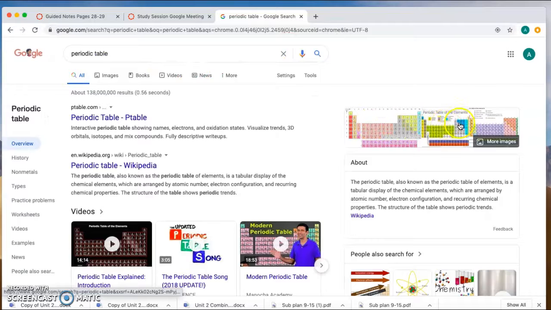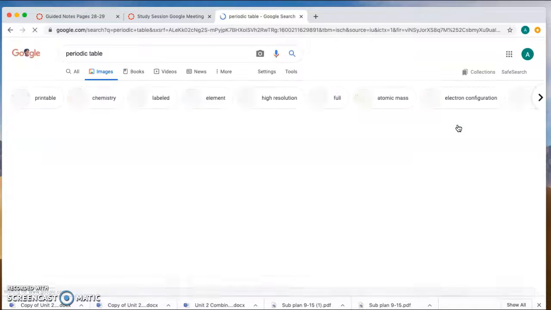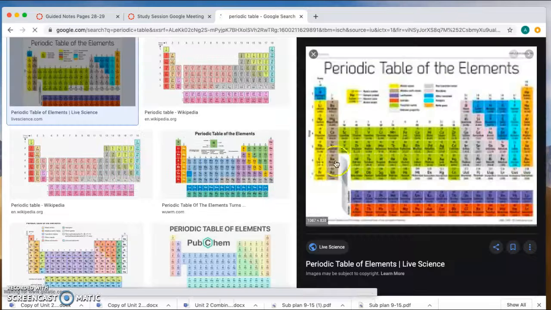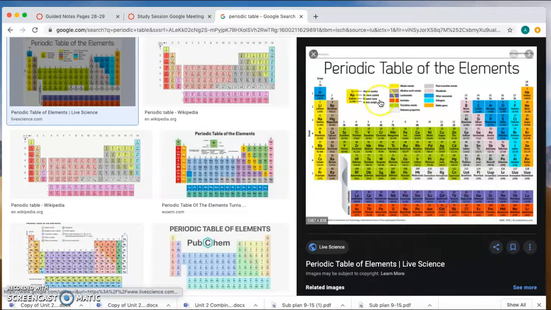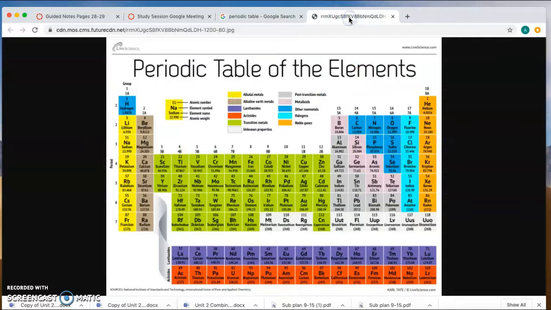All right, so the first one that we had in our notes was carbon, and we want to know the atomic mass.